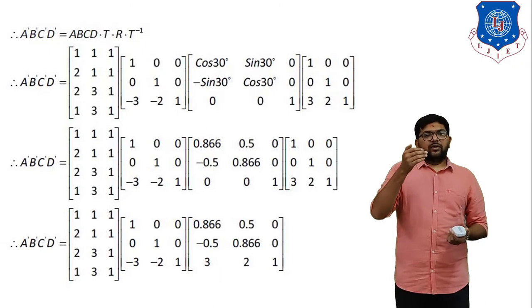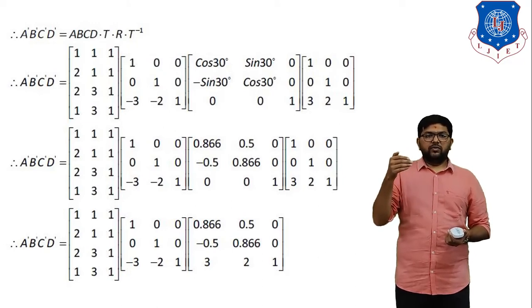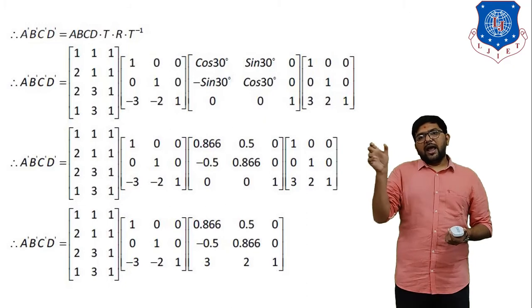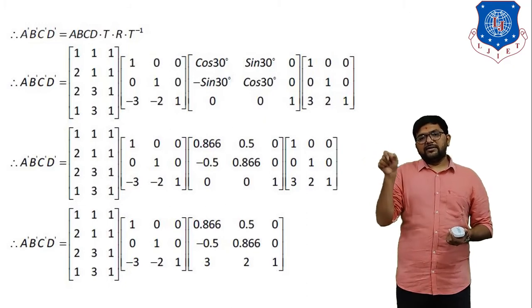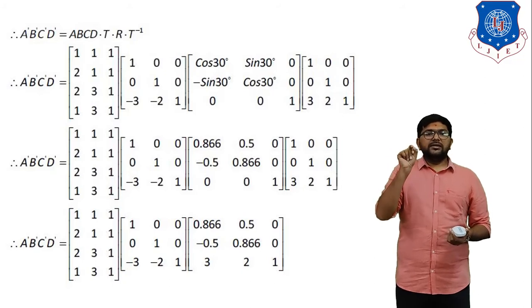Clear? So write down the first 2 matrices as they are, like 1 1 1, 2 1 1, 2 3 1 and 1 3 1. Next, the translation matrix, write down as it is: 1 0 0, 0 1 0, minus 3 minus 2 and 1. And the multiplication of the last 2 matrices is like 0.866 into 1 plus 0.5 into 0 plus 0 into 3.